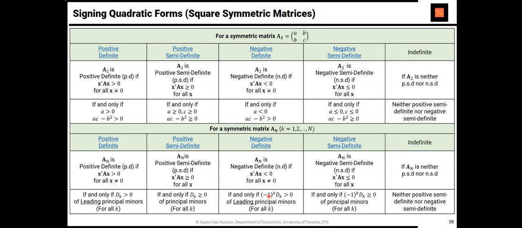What this means in plain English is that all odd numbered leading principal minors must be negative, and all even numbered leading principal minors must be positive. For negative semi-definite, all odd numbered principal minors are less than or equal to 0 and all even numbered principal minors are greater than or equal to 0. And if any of these conditions fail, you would have an indefinite matrix.